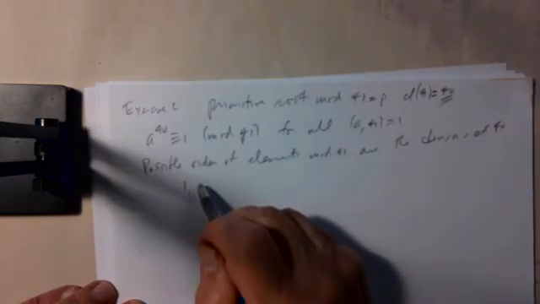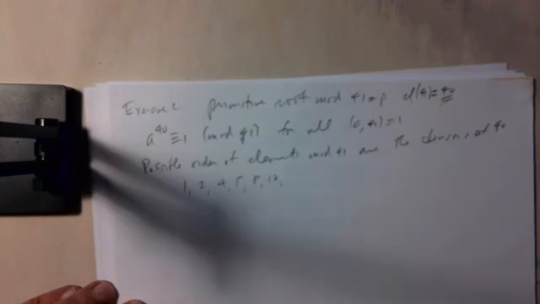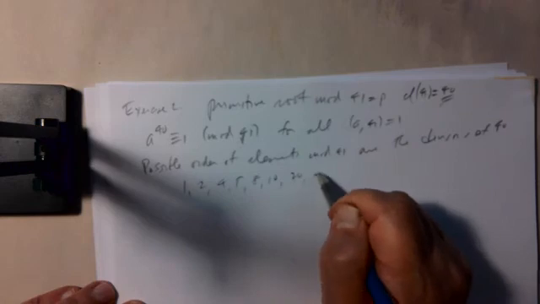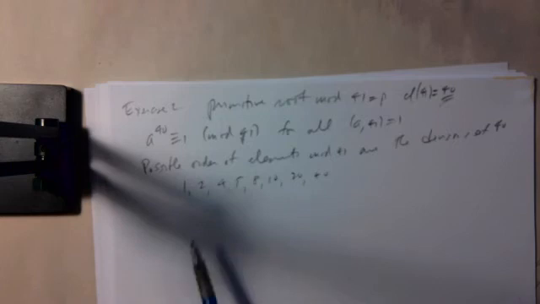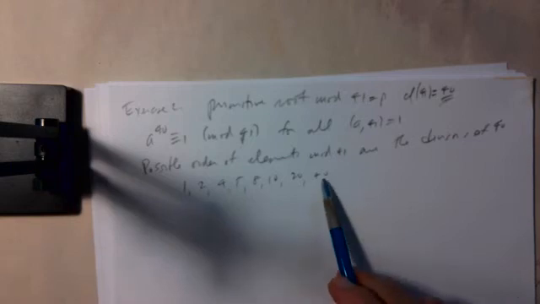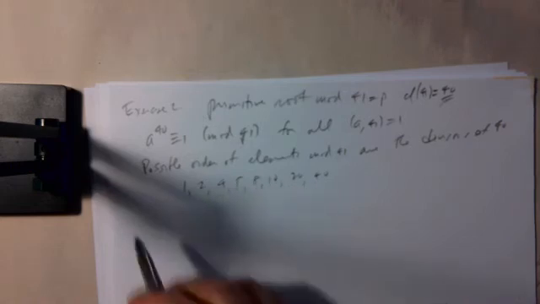And unfortunately, there are a lot of them. 1, 2, 4, 5, 8, 10, 20, and 40. So there are 8 possible orders, and a primitive root is going to have order 40. It won't have order 1, 2, 4, 5, 8, 10, or 20.